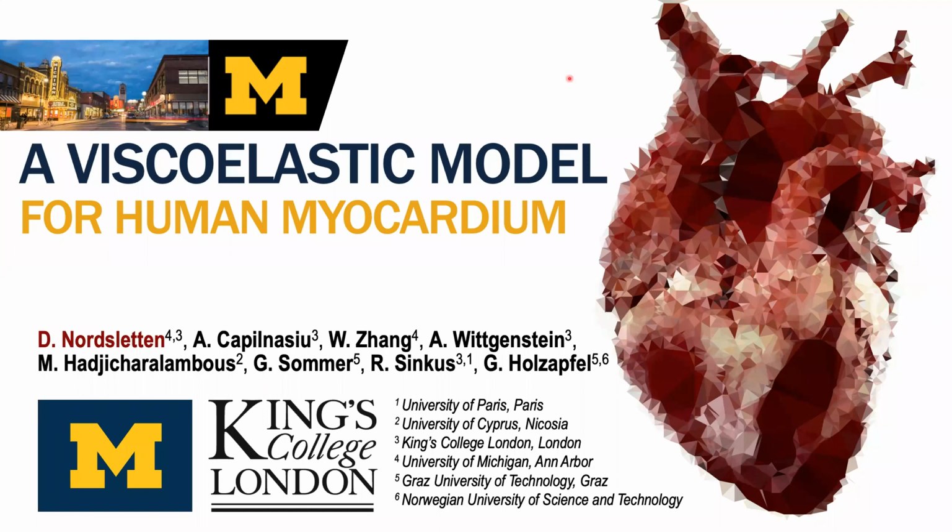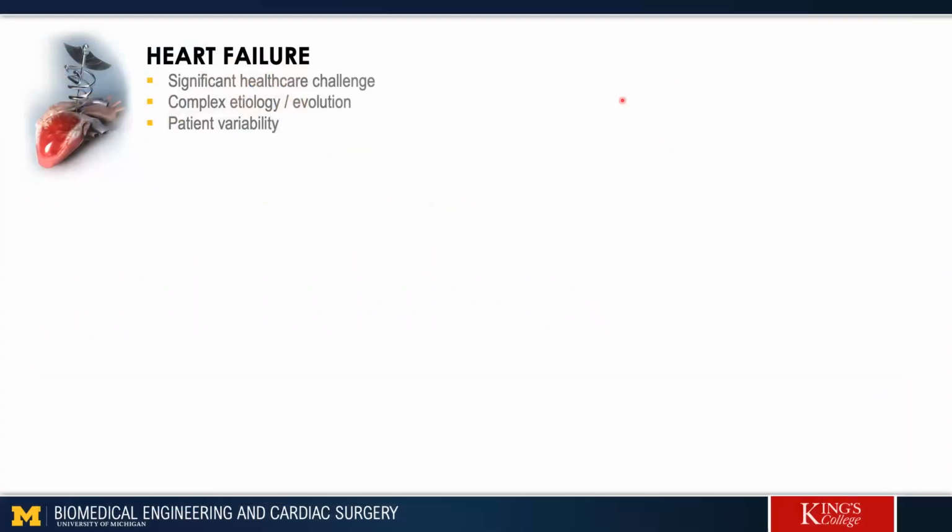My group in general, we're interested in the heart. There we go. And particularly we're interested in heart failure and heart disease. And this is really an interesting biomechanics problem and fluid mechanics problem in many ways. You have a very complicated environment, complex etiology for patients, and a lot of variability.